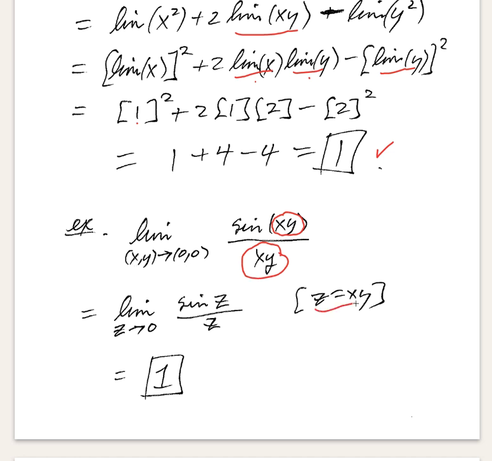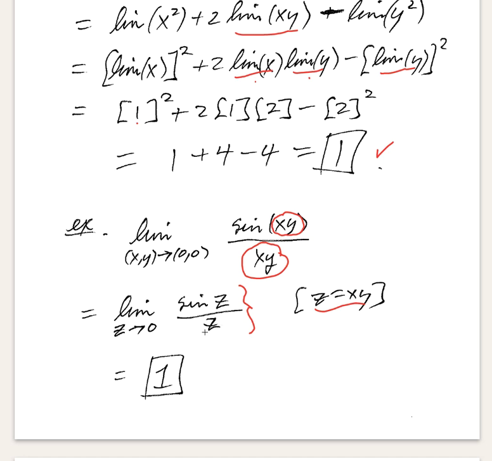Let's just let z equal xy. I'm actually looking for the limit as z approaches 0 of sine z over z. And you remember from Calc 1 that actually ends up being 1. So, as z approaches 0, at least one of these approaches 0.